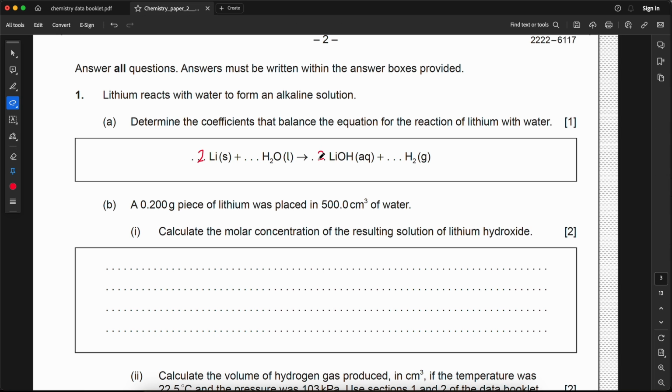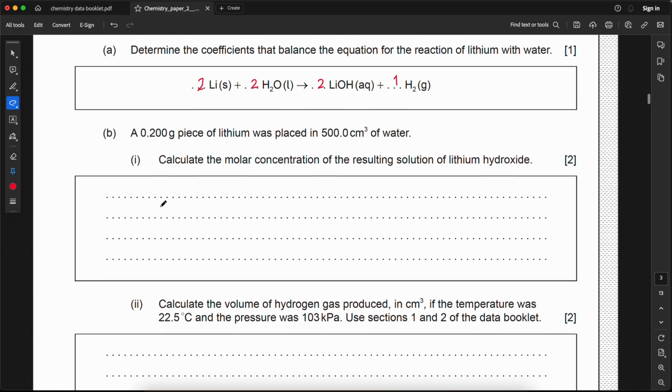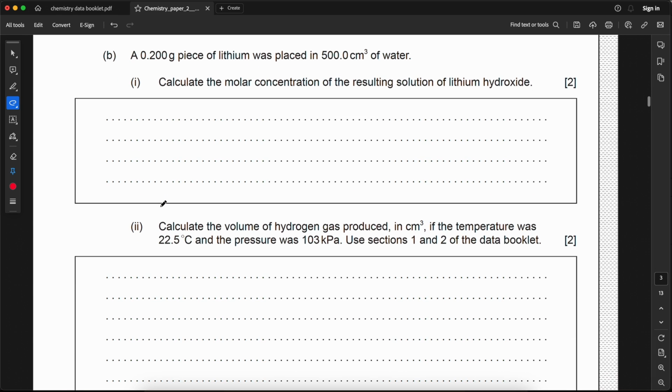And oxygen becomes 2, but here is only 1. So let's make it 2. So H now becomes 4, and here H2, and then this one is also 2, so this should be 1. So now it's balanced.